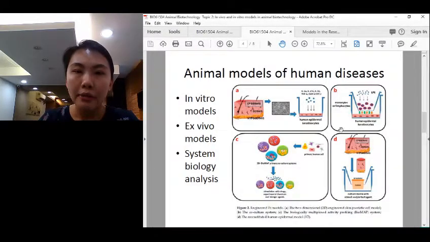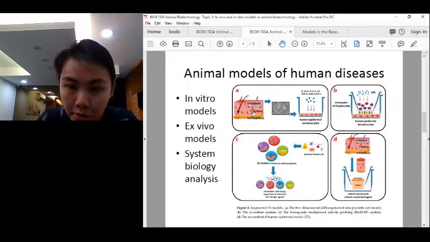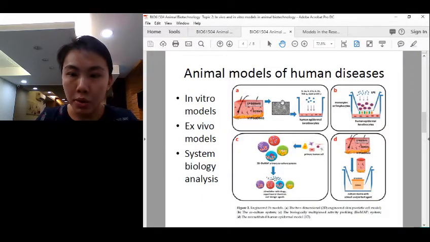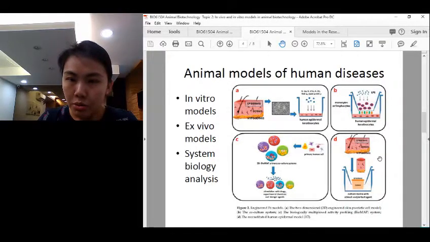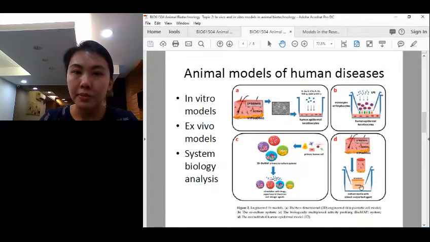So we have the in vitro model, ex vivo model, and a system biology analysis model here. A refers to the in vitro model, B refers to the in vitro model as well, so A and B are together. D refers to the ex vivo model, where a skin biopsy is being tested in culture.